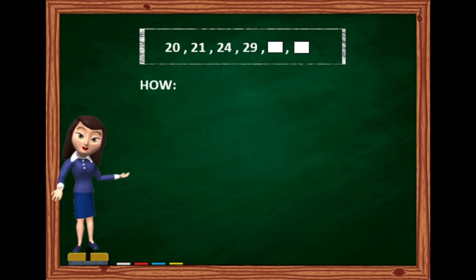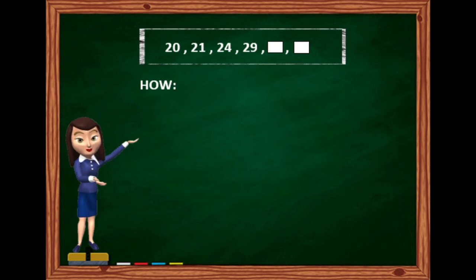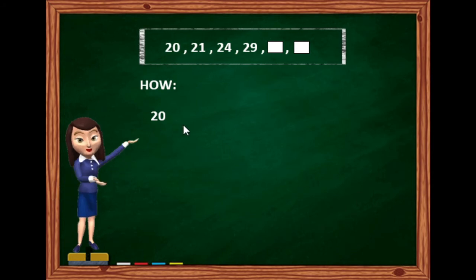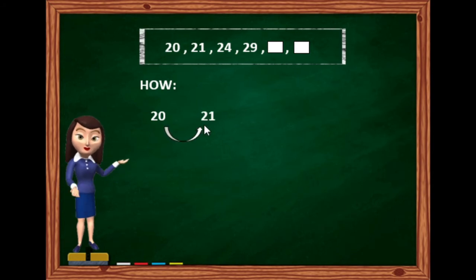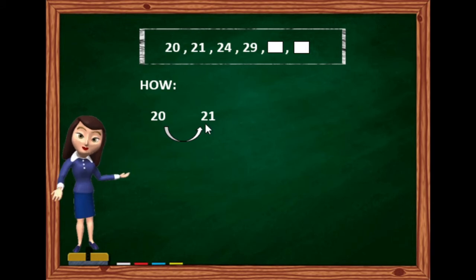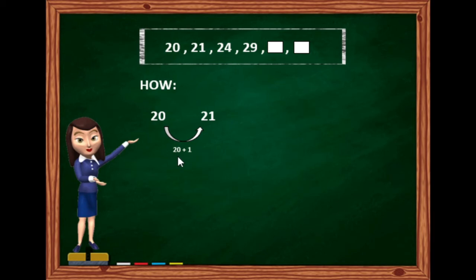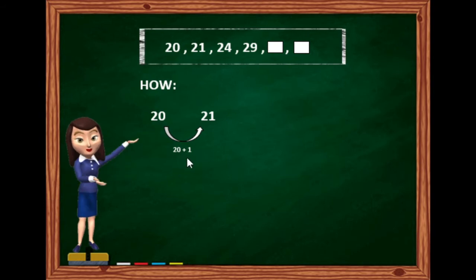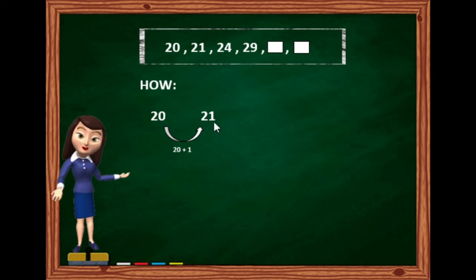First, we need to look and see what the pattern could be. Let's write 20 and 21. How is it possible that after 20 is 21? It could probably be 20 plus 1. If you try to think, 20 plus 1 is equal to 21.